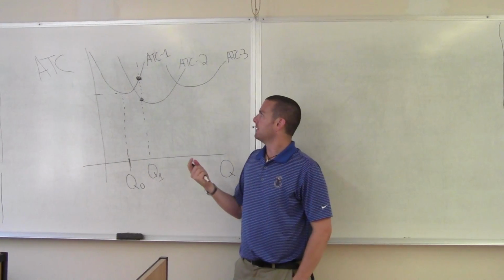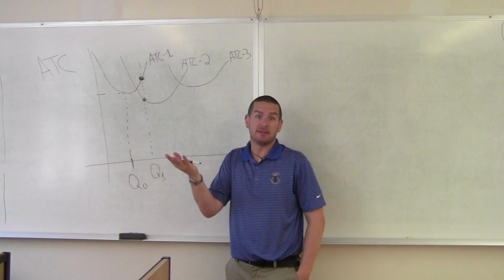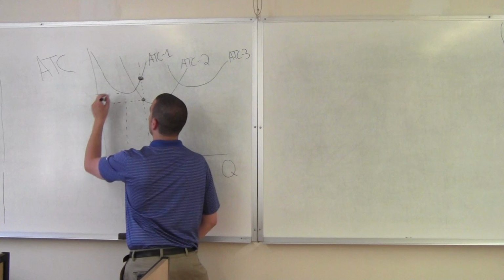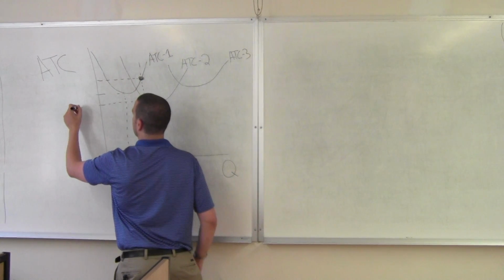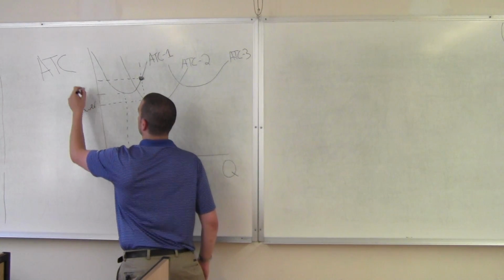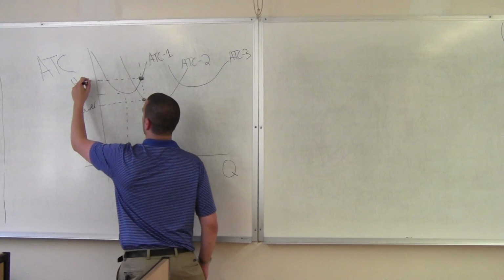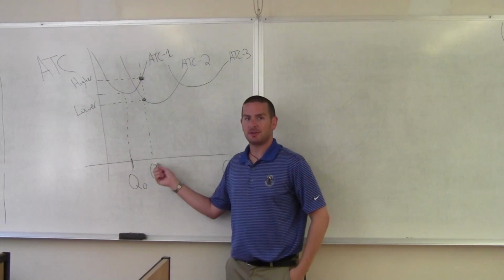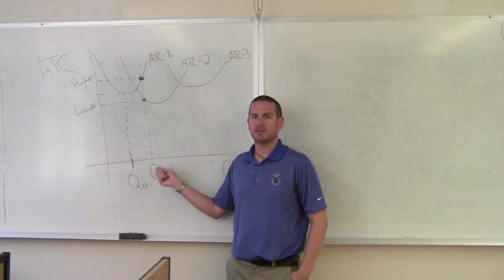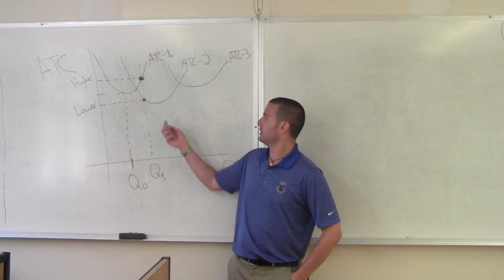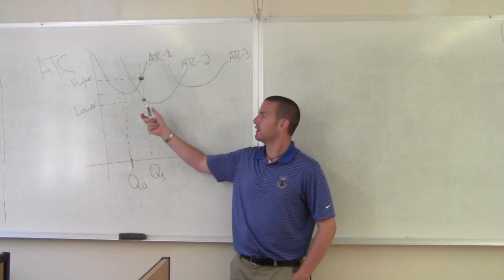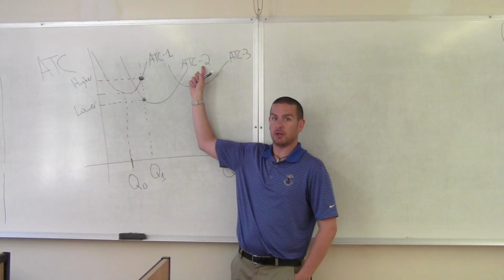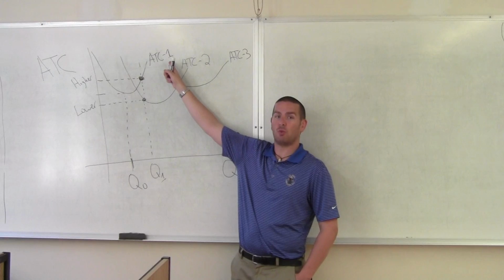Now, it may seem like a no-brainer, and it is. Obviously, you want the lower costs. This is lower, this is higher. So if you were going to produce this amount of output, you would want to build the second factory. You want average total cost curve 2. You don't want average total cost curve 1.